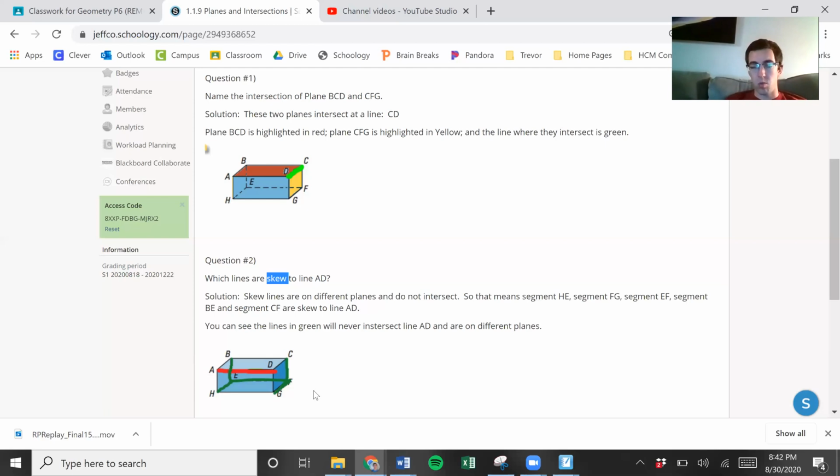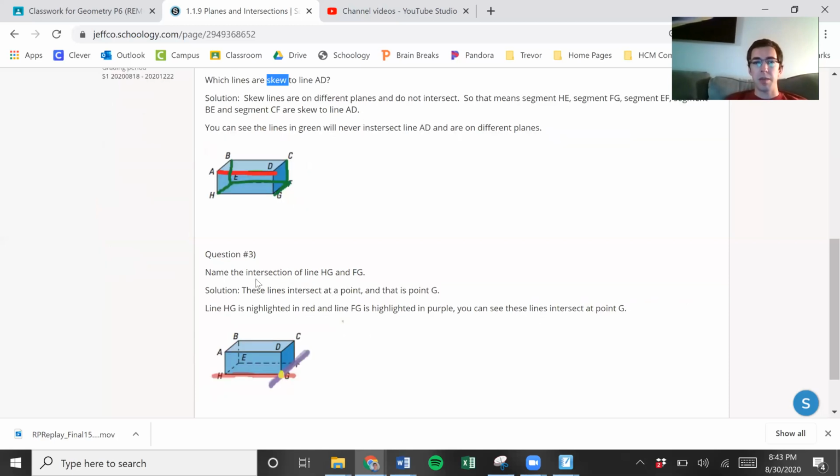For example, one line would be HF, the line that goes diagonally through the shape and won't ever intersect with AD. So technically HF is also a skew line to AD. And there are a few more. See if you can write down a couple more. That's just a challenge.